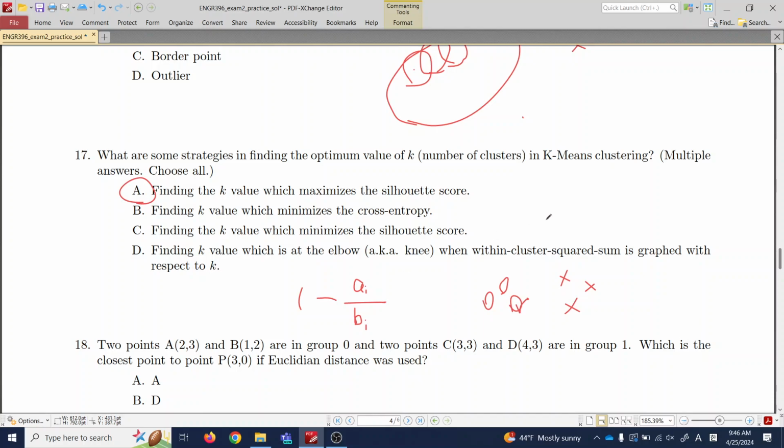Another way to do this would be to look at the graph of k values and what's called the within-cluster sum of squares. The more clusters you have, the sum of squares of the distances within a cluster gets smaller and smaller because your clusters become smaller, right?